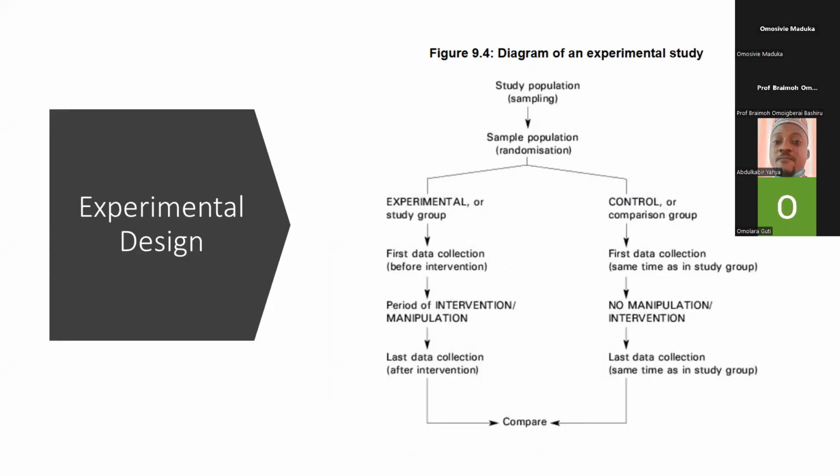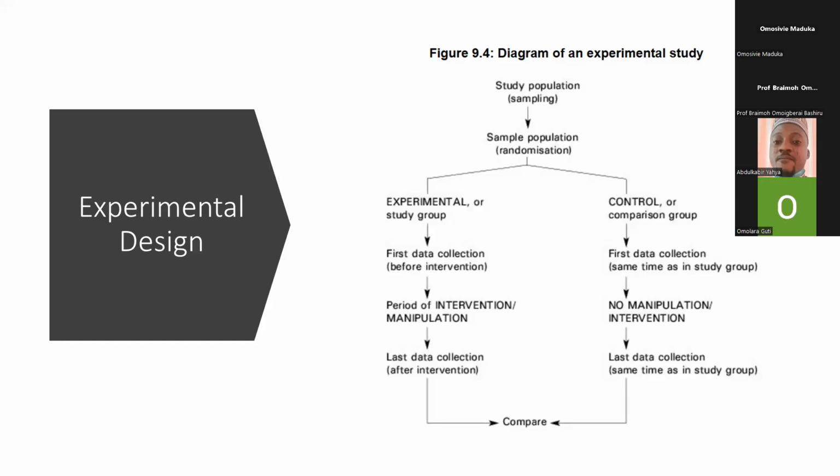So you will have a study population, and you will take a sample from it. You calculate your sample sizes, and then you do a sampling from the study population to pick the number of people that you have decided from your sample size estimation to bring them into the study.